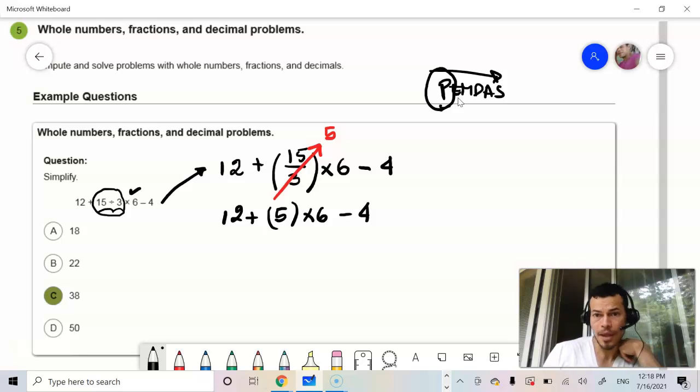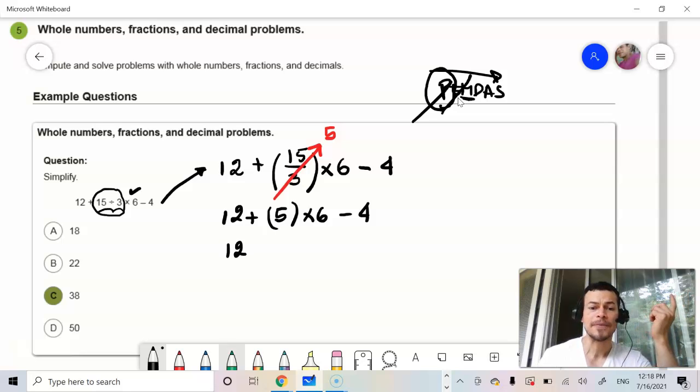Now, we did the parentheses. We don't have exponents, but we have now multiplication. So that's what is next. So we have 12, and we're going to solve the multiplication here. 5 by 6, that gives us 30. So I'm going to write here plus 30 minus 4, okay?